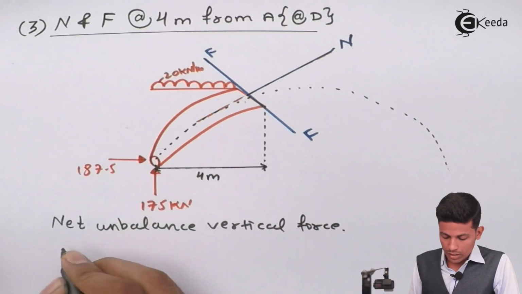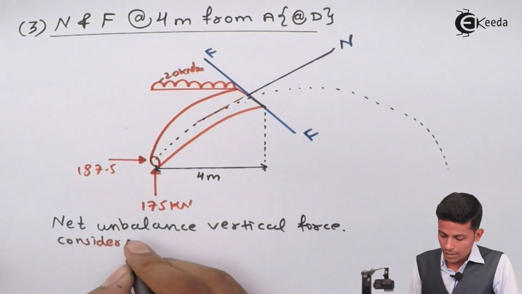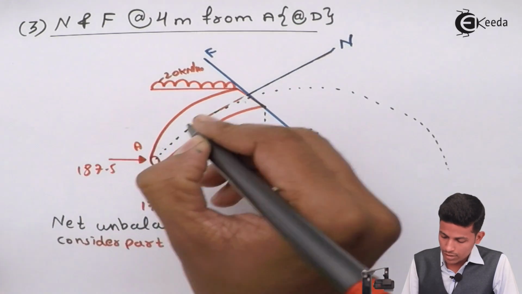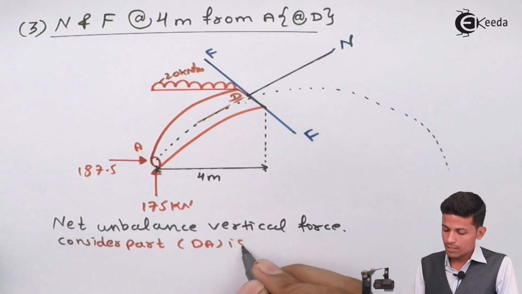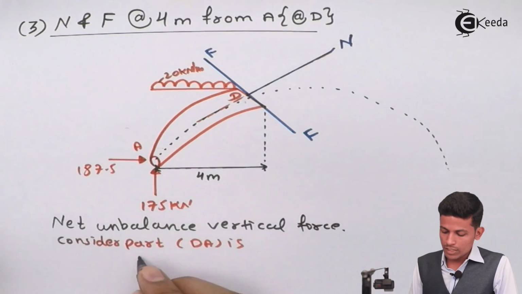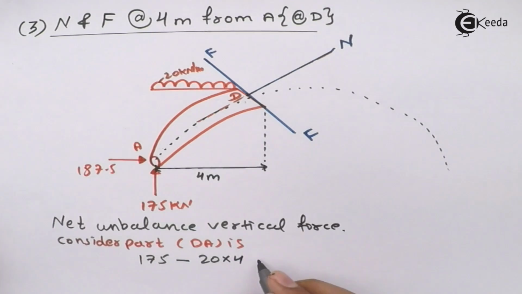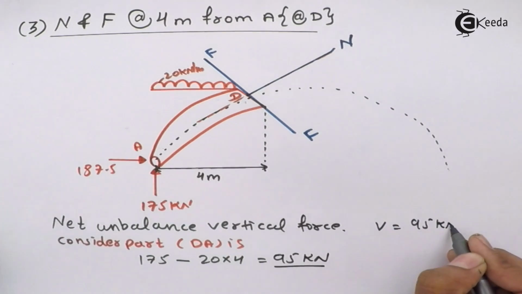So consider part DA. This is A and this is your D part. Okay, DA is, now see, this 175 is going upward, minus 20 into 4 is equal to 95 kilonewton. Now you got the V value is 95 kilonewton.